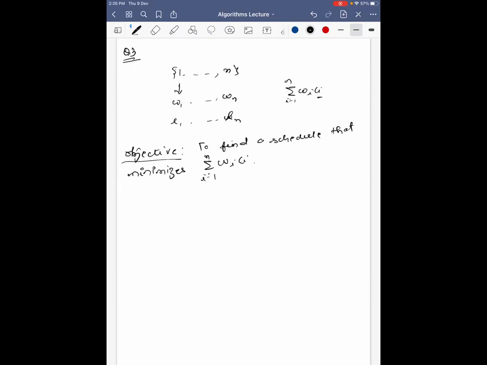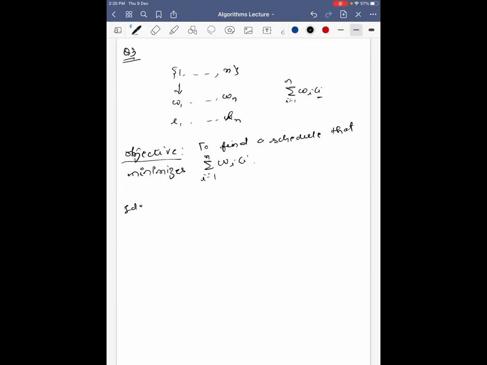The minimum becomes the first job, and then the next minimum becomes the next job, and that's how we schedule the jobs. So you suggest that you basically order the jobs in the increasing order of Wi times Li, right? Yes, sir.